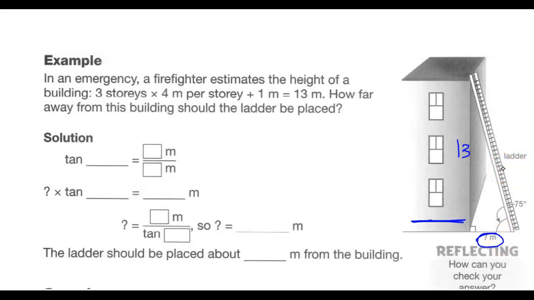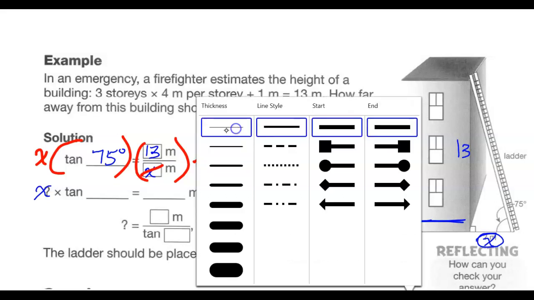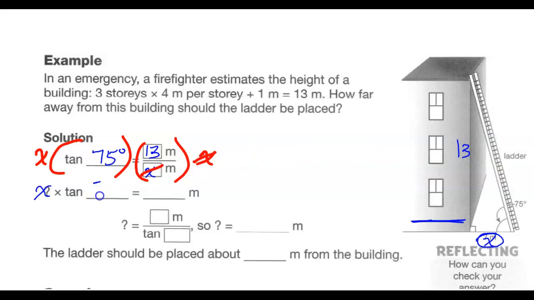So tan of 75 is equal to 13 over, I'm going to call it x. There was a question mark, but we'll change it to x. So we multiply both sides by x, and that gets rid of the denominator. Now we're left with, on the left side, x times tan of 75 will equal 13.